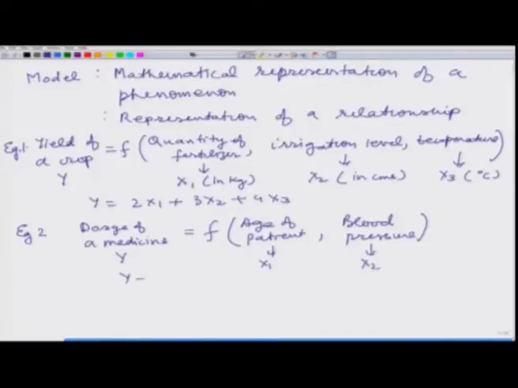So for example, if I try to write this is 3x1 plus 4x2, or that can also be something like 2 plus 3x1 plus 4x2. So these are simply mathematical equations which are trying to represent a relationship between the input variables and say output variable. So they are essentially a model.